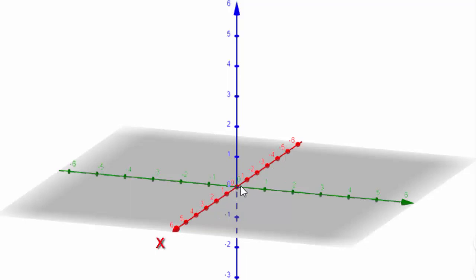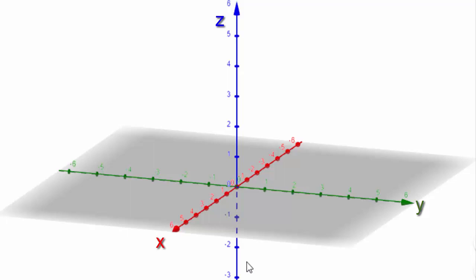Coming forward to you is the positive x direction. Going back would be negative x direction. Going to the right will be positive y direction. Going to the left is negative y direction. Going up would be positive z direction, and going down would be negative z direction.